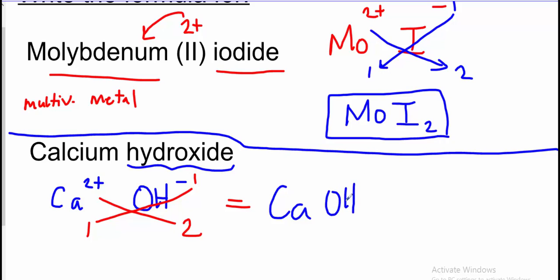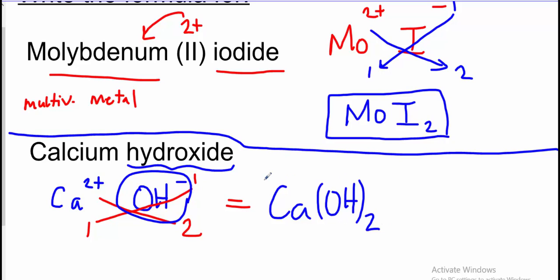I must have brackets around the hydroxide ion and then the 2 outside of the brackets for it to be correct. If I don't put brackets there, then it tells me that there is 1 oxygen and 2 hydrogens. But in fact, there's 2 of this ion. So I need to put brackets around the ion and the 2 on the outside. And there is my answer for this one.